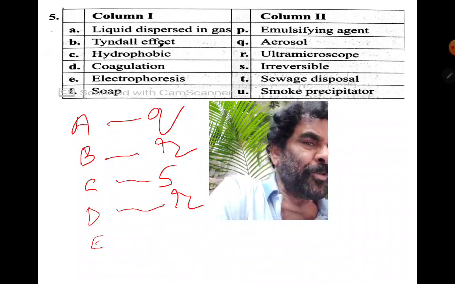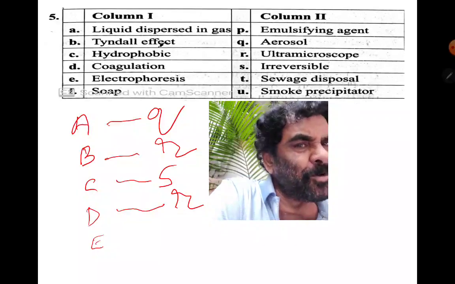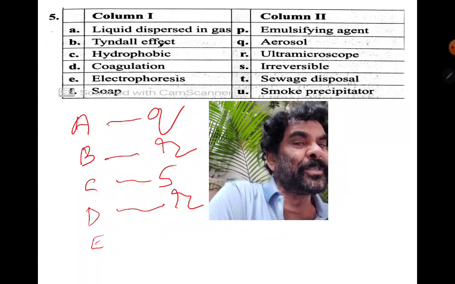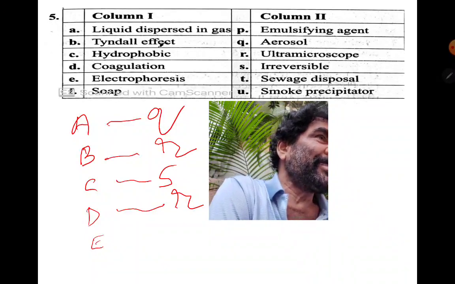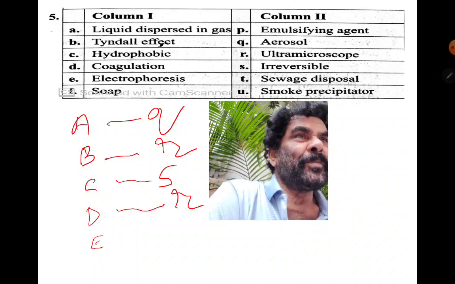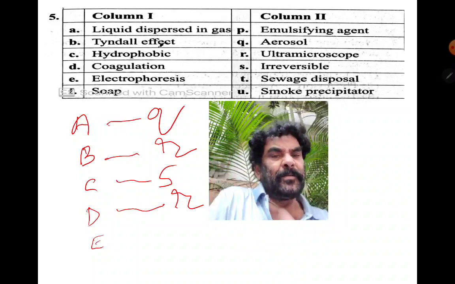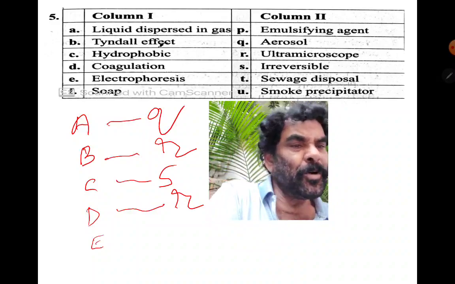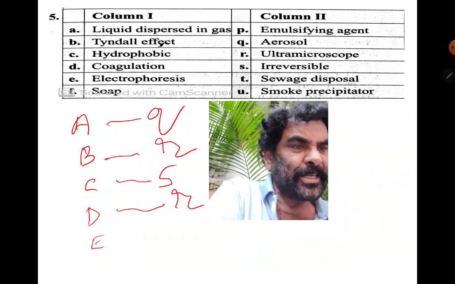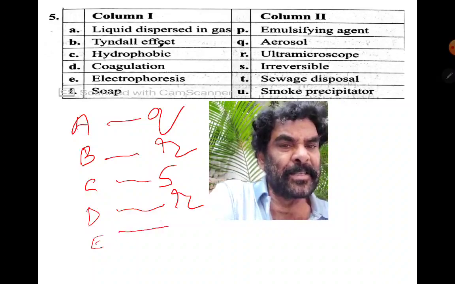And electrophoresis, see this is also coagulation, smoke precipitation is also coagulation, but there we use electrophoresis, where electrodes are used. Smoke is passed between the two charged plates. Smoke is a negatively charged colloidal solution, it moves towards the positively charged electrode and there it loses its charge.